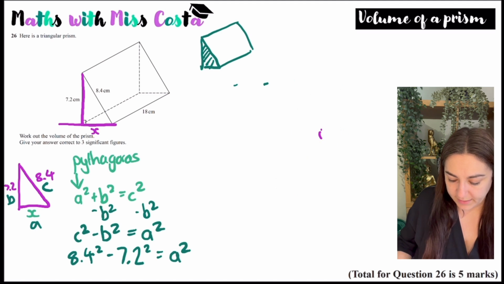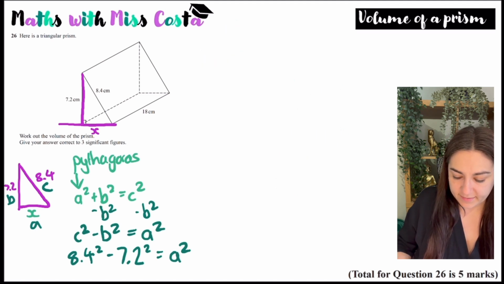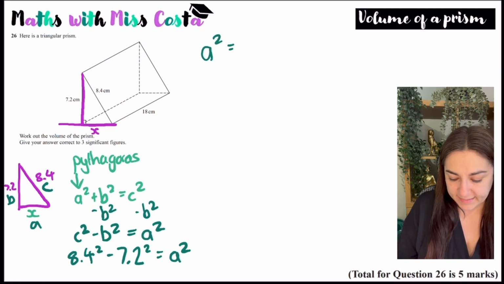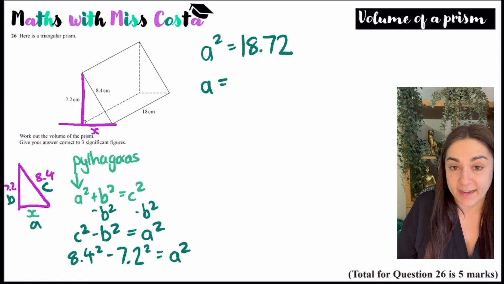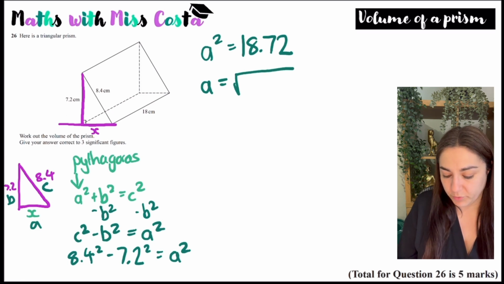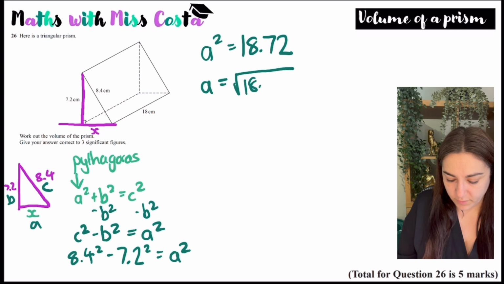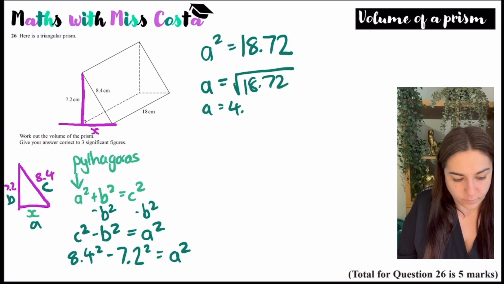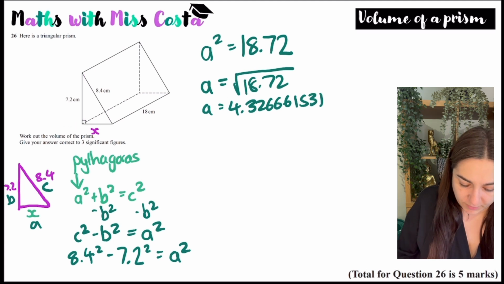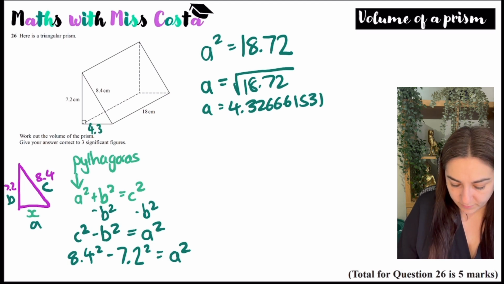So I know that a squared is 18.72. And how do I get a? I have to do the inverse, which is square rooting. So I type the square root of 18.72, which is 4.3266161531. So I know now that this side is 4.32.